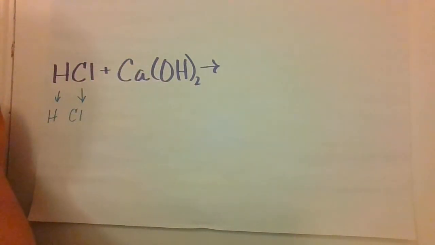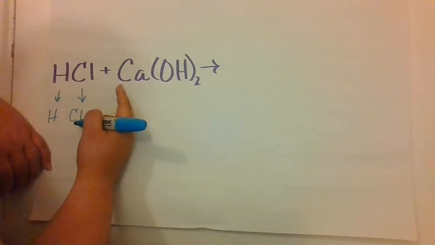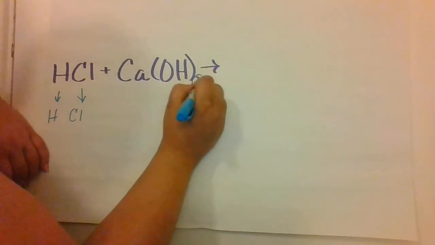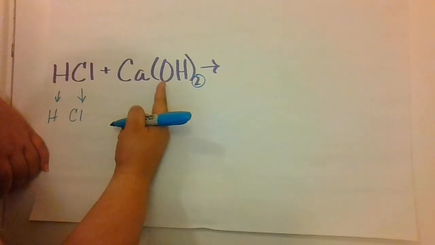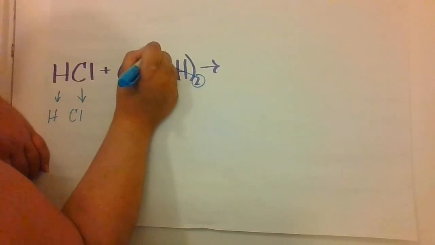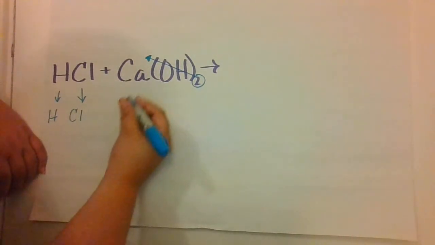We have CaOH2. If you reference your common anion, cation, and polyatomic sheet, you'll notice that we will need to use the lasso method in reverse here. Because in fact, we don't have 2 of our hydroxides. This 2 is actually from the rules of naming for the charge of this calcium.